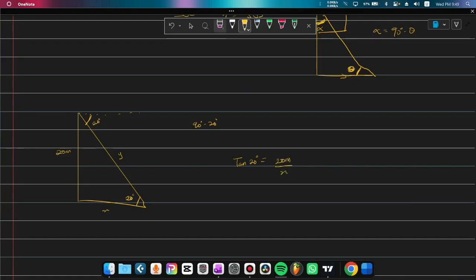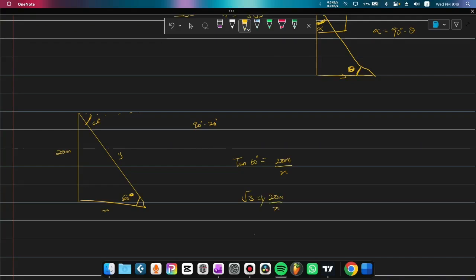And then we change this 20 to a special angle, please, because we are doing JAMB exams. We are going to be working with only special angles. Let's say 60 degrees. So we have tan of 60 degrees is equal to 20 over x. And if you can remember, the tan of 60 degrees is root 3, so root 3 is equal to 20 over x.